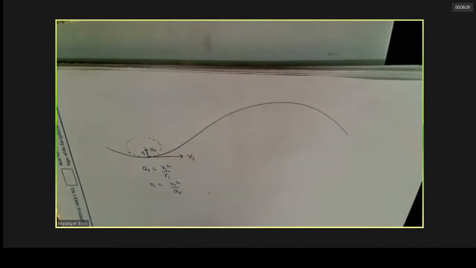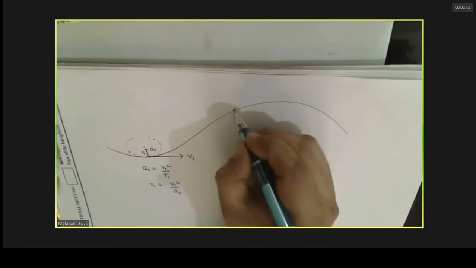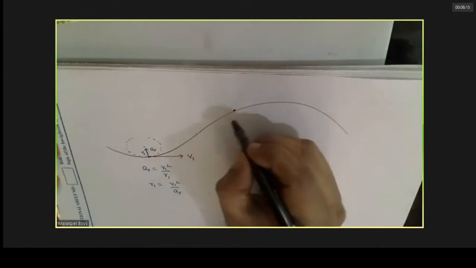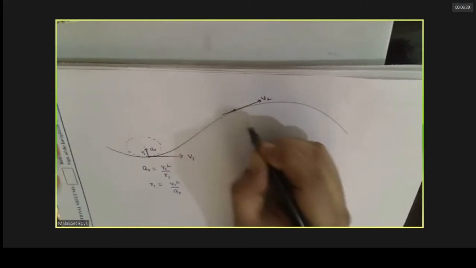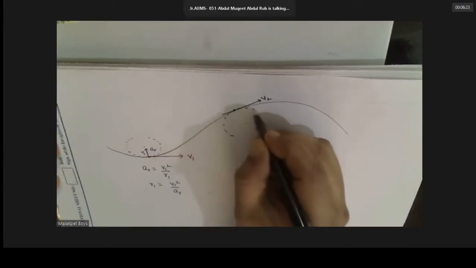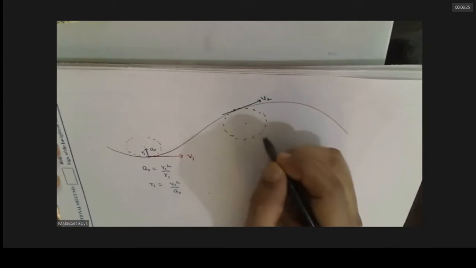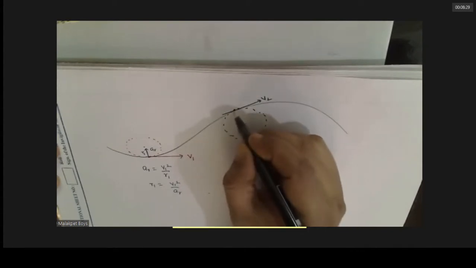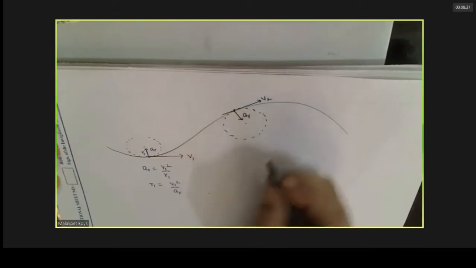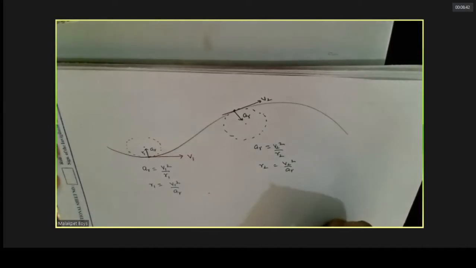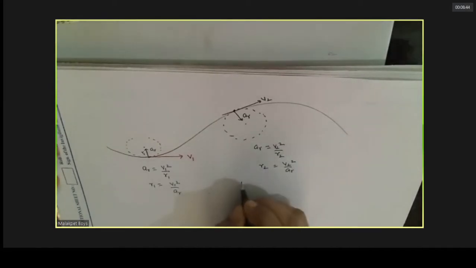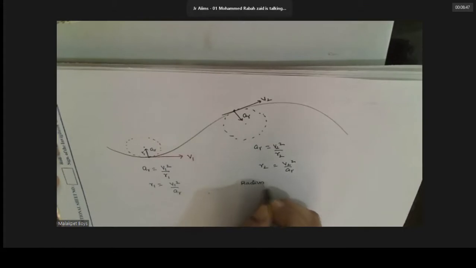Agreed? Now suppose we need it here. You know that velocity will be tangential. Say this is V2. Now definitely this is the center. So here there is an AR. Now here AR is what? Sir, could the radius also be upright?